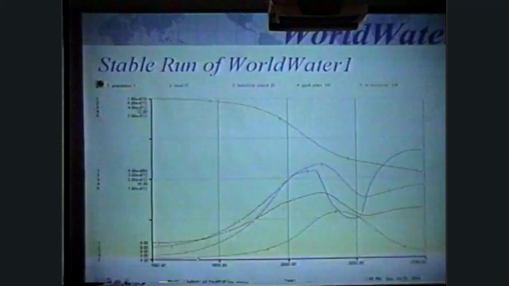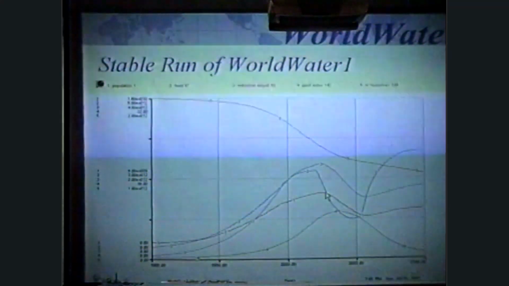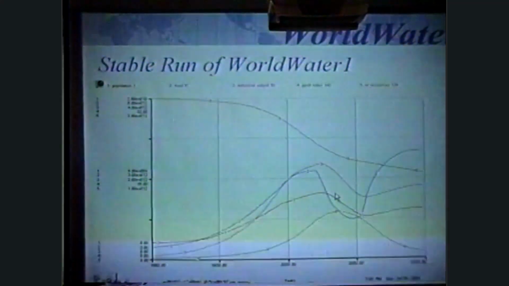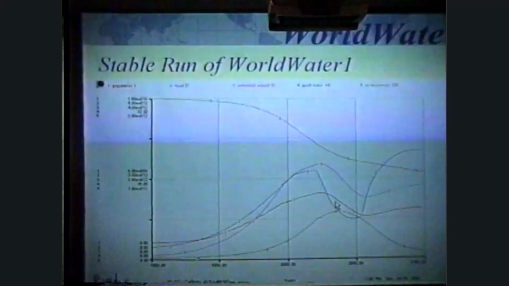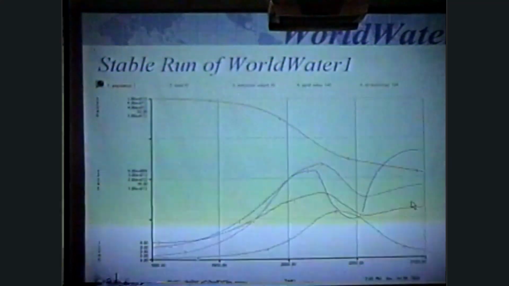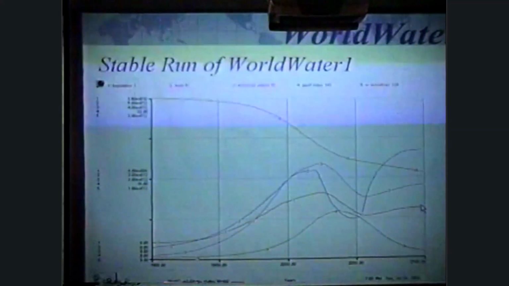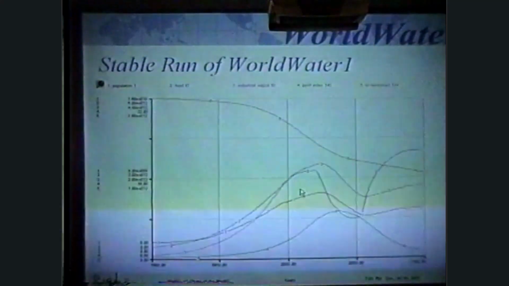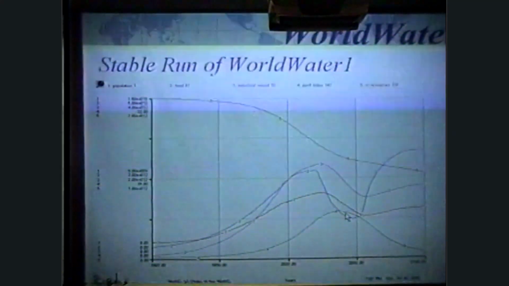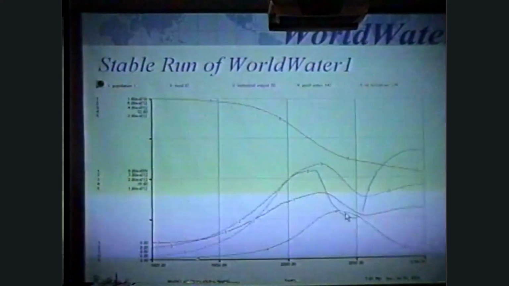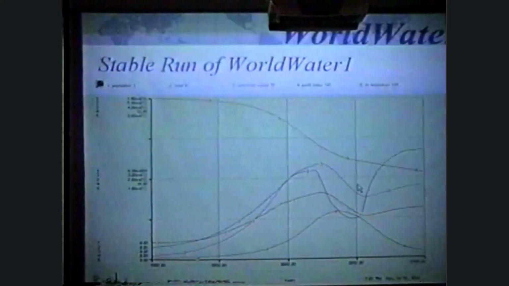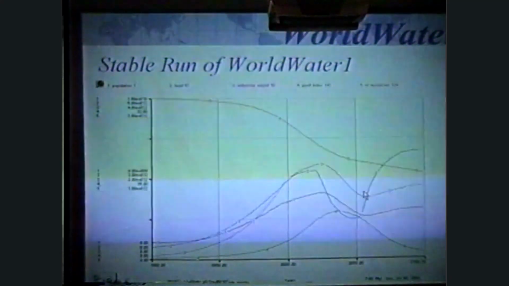What we ended up with, as you can see, somewhere after 30 years, is a considerable drop in the population. So no way of supporting 8 billion people as the world model was indicating. Considerable drop in the food production because of the obvious lack of water for irrigation, and so on. Industrial development and so on.